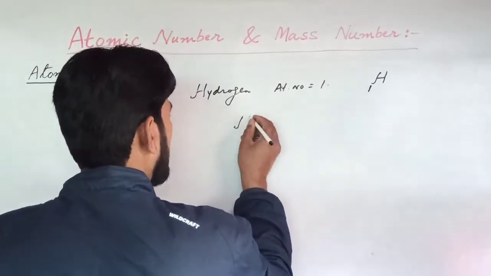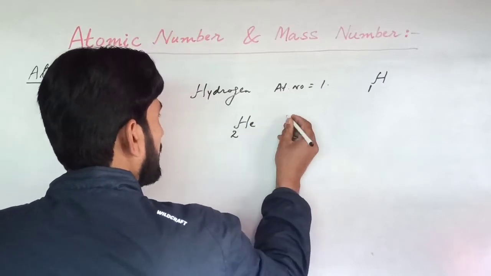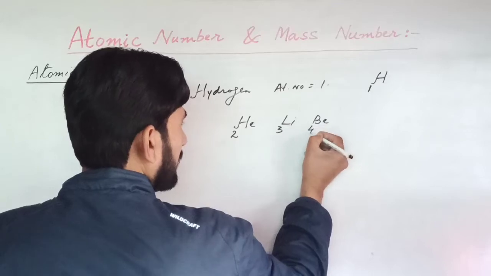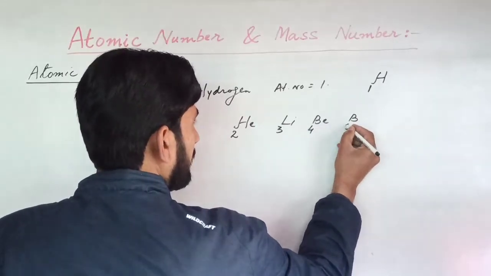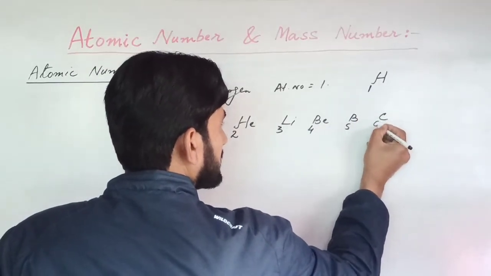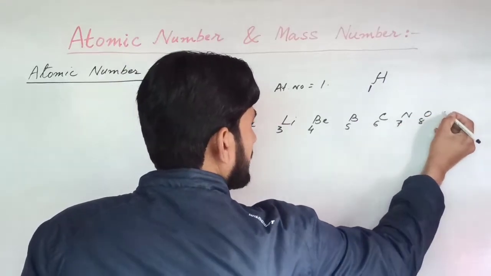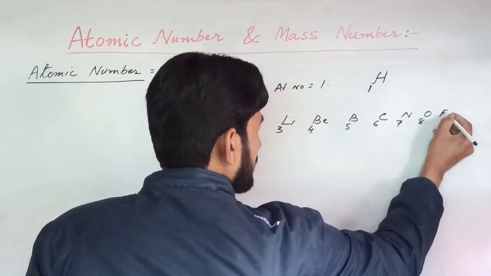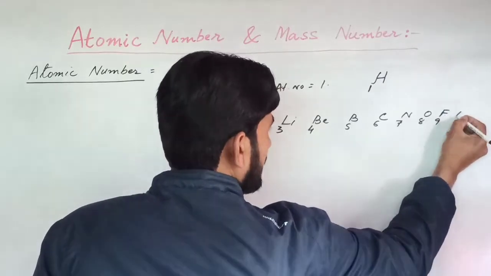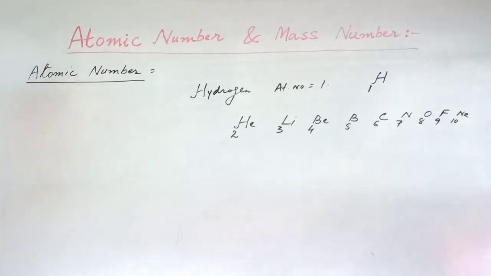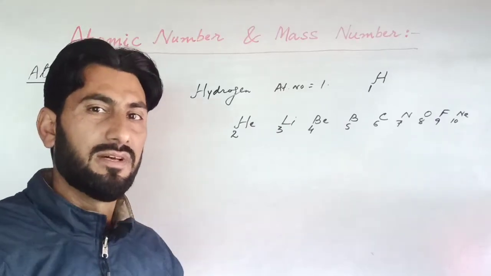Similarly, helium, He, 2; lithium, 3; beryllium, 4; boron, 5; carbon, 6; nitrogen, 7; oxygen, 8; fluorine, 9; neon, 10. This is about the atomic number of the element.